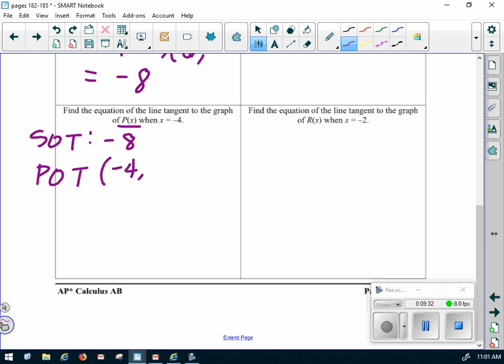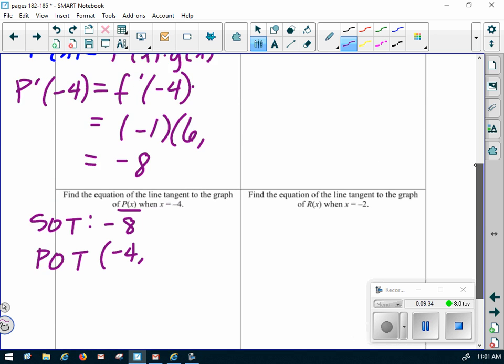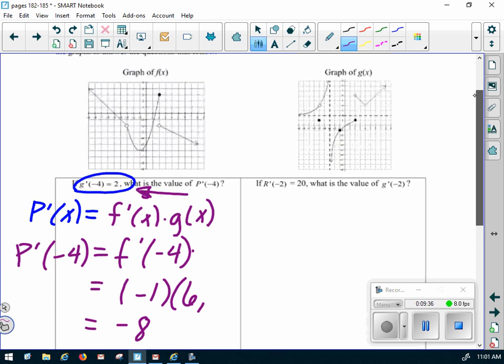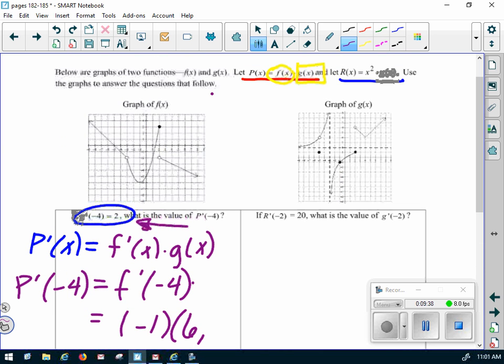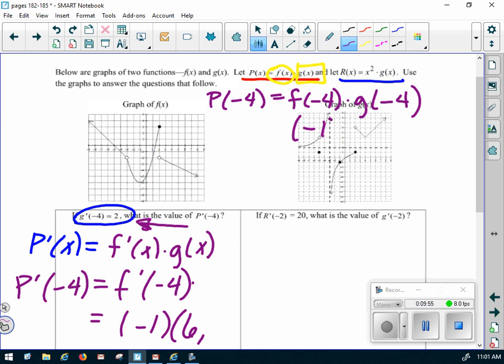Now we got to go back up to the equation of p of x and evaluate that at negative 4. This says p of negative 4 is f of negative 4 times g of negative 4. So you got to help me. I can't see the g. What's f of negative 4? F of negative 4 is negative 1, and you said g of negative 4 was negative 6?